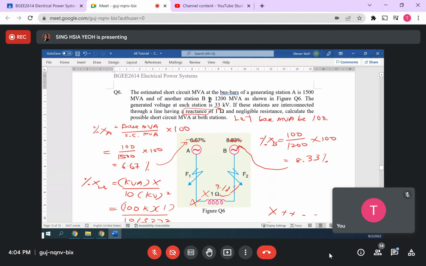You don't know the percent x for A and B, but they tell you it is 50 MVA and 100 MVA. From this, when you set the base to 100, you can find percent xa to be 6.67% and percent xb to be 8.33%. Nicholas, can you understand what I mean? Others, are you okay?